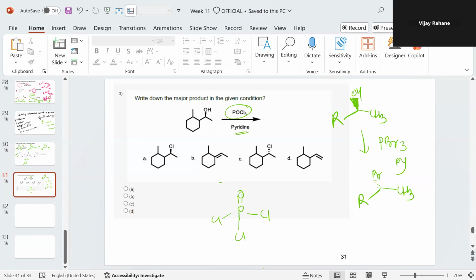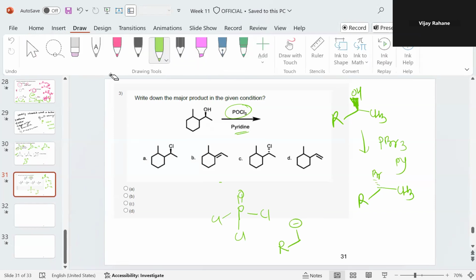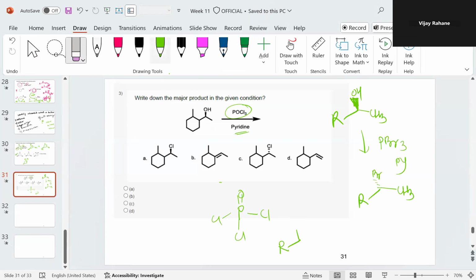The pyridine, what does it do? Pyridine is a base, and it will abstract the proton from OH. It will form O negative in the first step, and the CH3 remains.